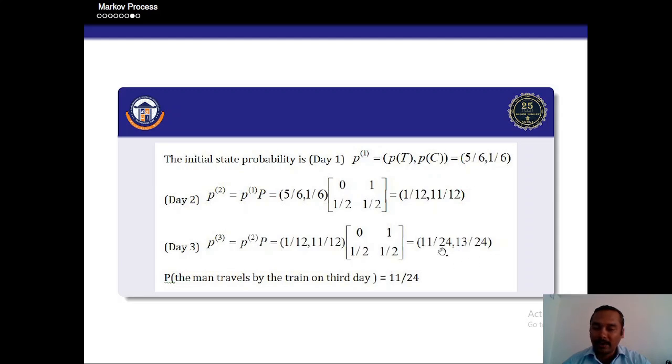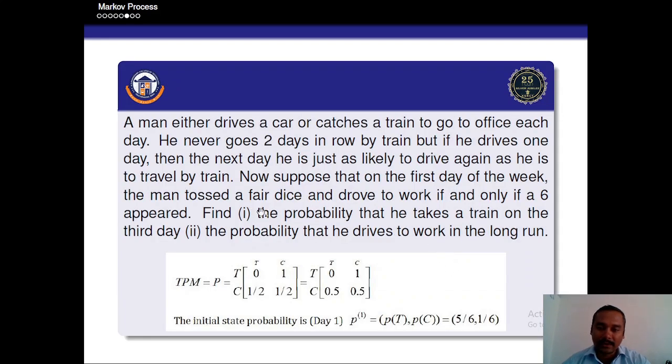For train it is 11 by 24, for car 13 by 24. That means the probability that the man travels by train on the third day is 11 by 24. Thus this is the answer for the first question, the probability that he takes a train on the third day.